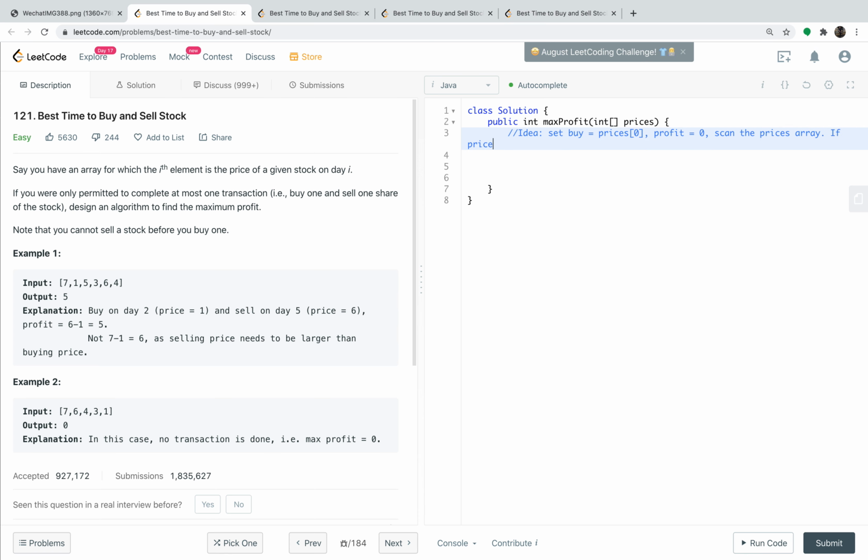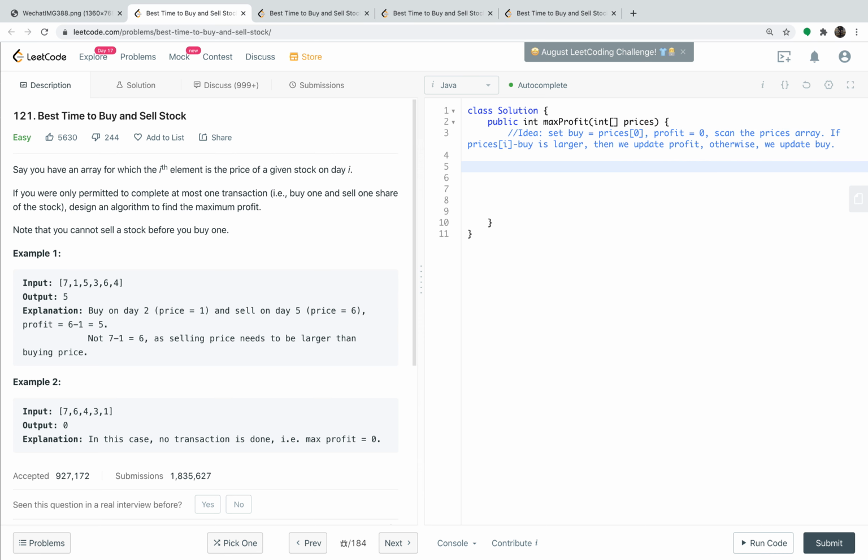If prices i minus buy is larger, then we update profit. Otherwise, if the prices minus buy is less than before, we update buy.